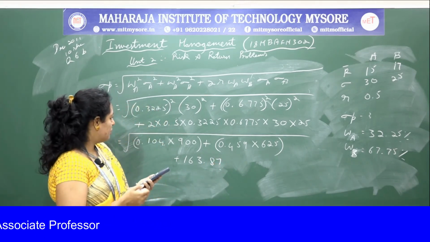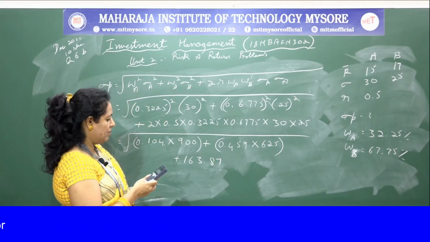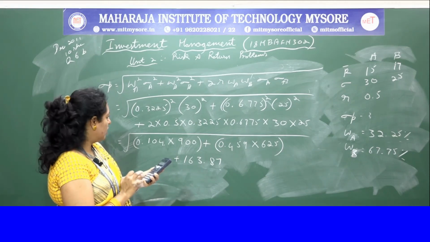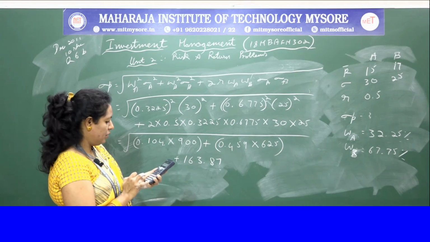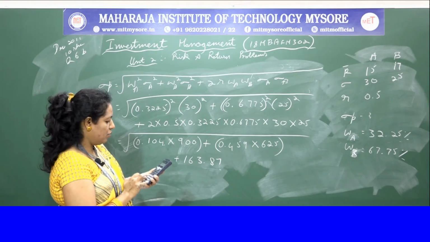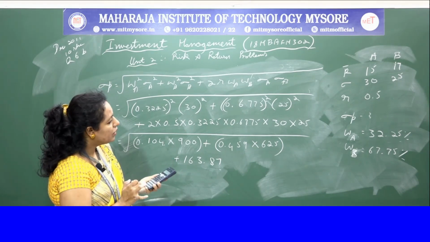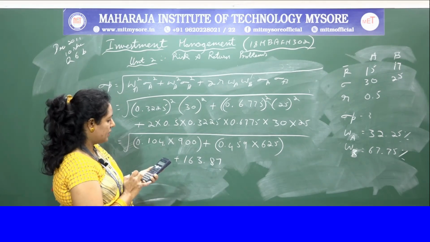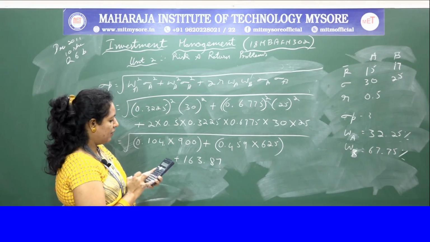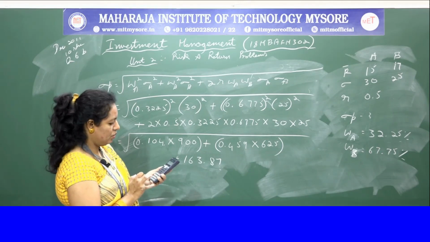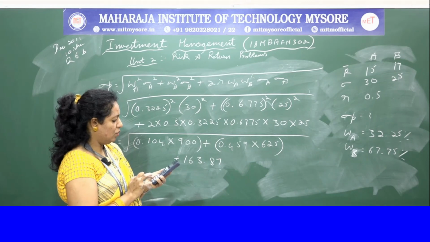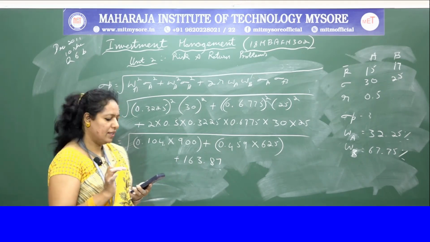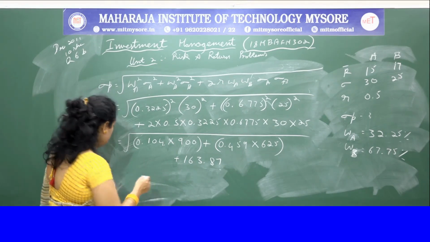Let's cross verify once because this is quite complicated. 2 into 0.5 into 0.3225 into 0.6775 into 30 into 25. Yeah, 163.87. Right.